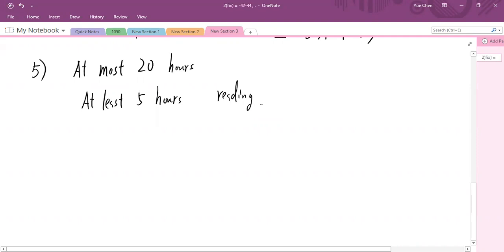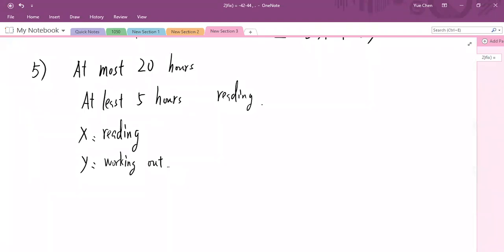Write down a system of inequalities to describe the situation. We let X be the number of hours for reading. X is for reading hours. And Y is the working out hours. So we need to write down a system of inequalities to describe the situation.